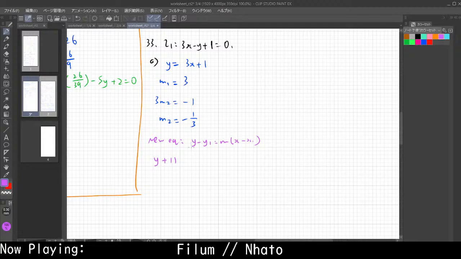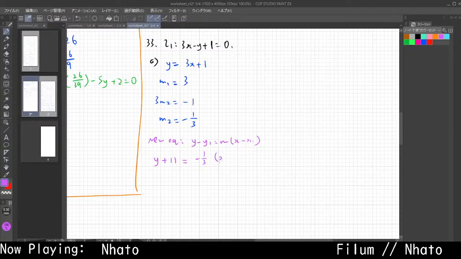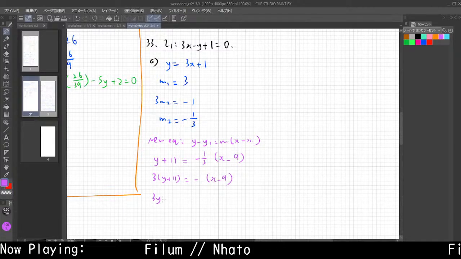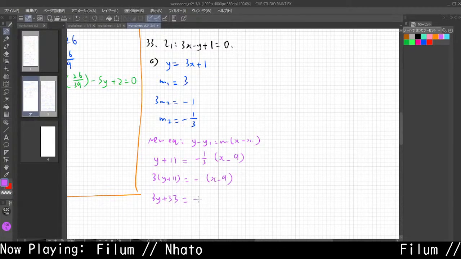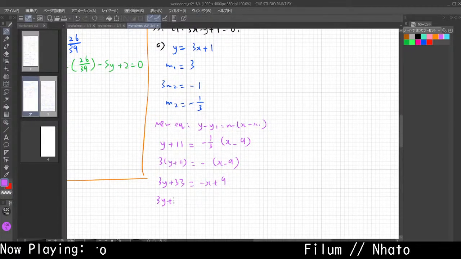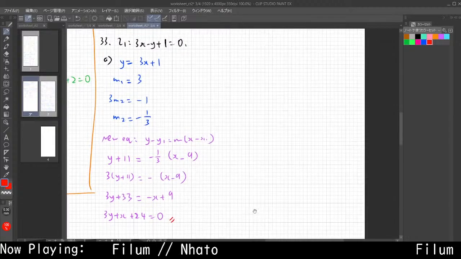The point passing through is 9, negative 11. So negative become plus. And then x minus 9, bring over, multiply, expand inside, put in order, and that's all you need to do. This is your answer.